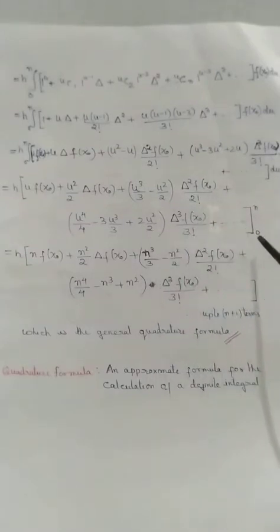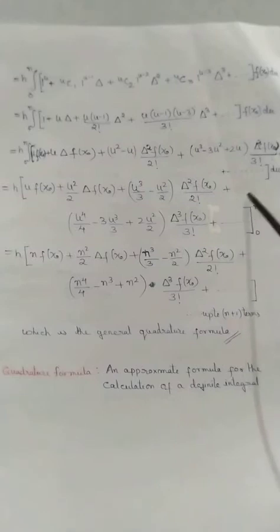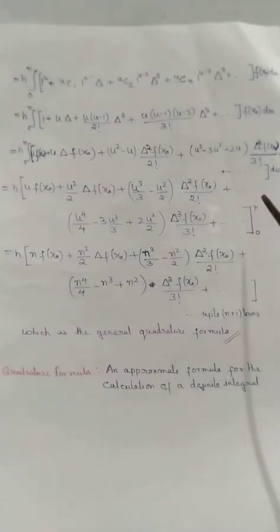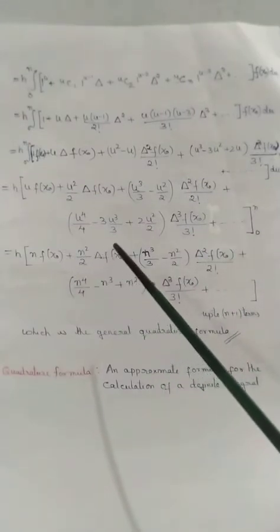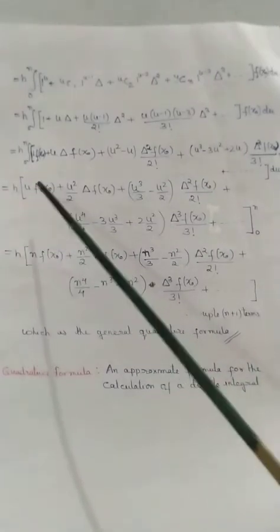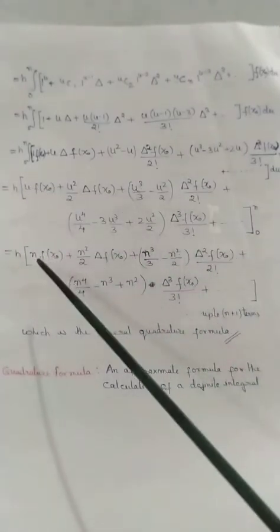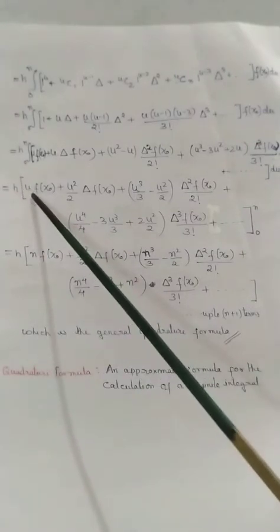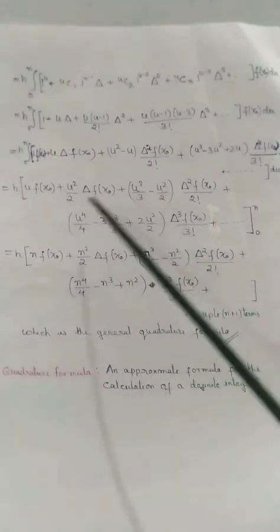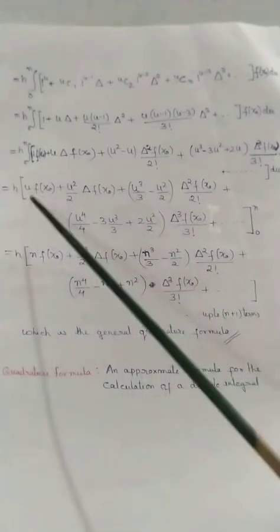Like this. Now we did the integration and this limit we write in this square bracket, the limit 0 to n. In case of definite integration, after integration we put the upper limit and then minus the lower limit. So when we put the upper limit, all u will become n. In place of u we write n, and when we write 0, it will vanish.